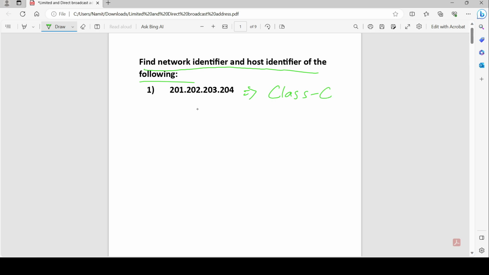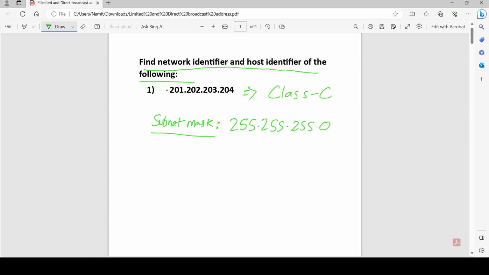In class C, we already know the first three octets are reserved for network IDs and the last one is reserved for host IDs. Just for the sake of revision, can we identify the subnet mask of class C? Network bits are changed to 1 and host bits are changed to 0, so it would be 255.255.255.0.